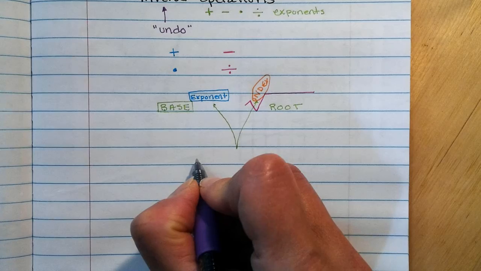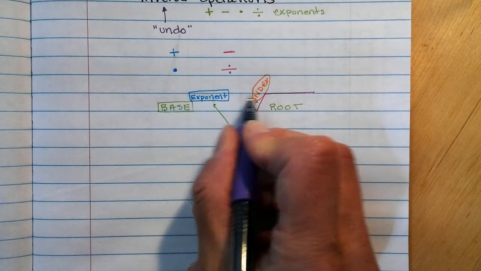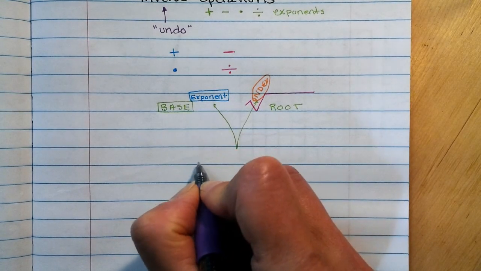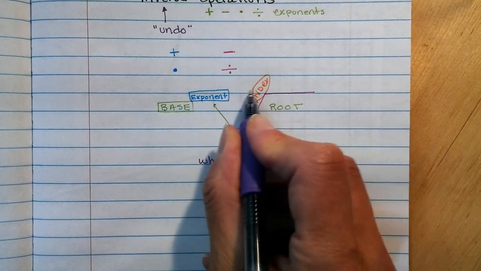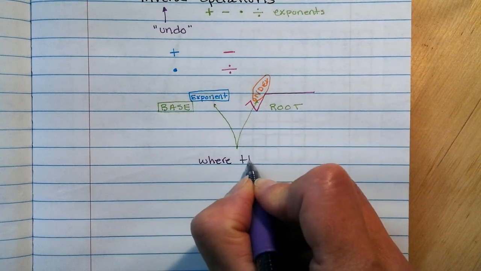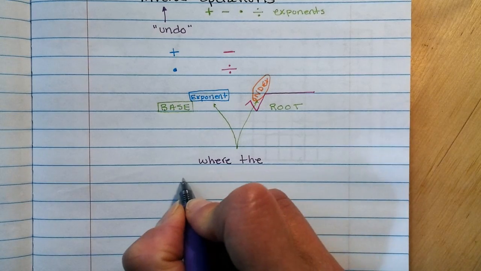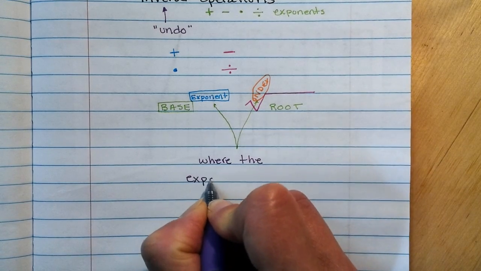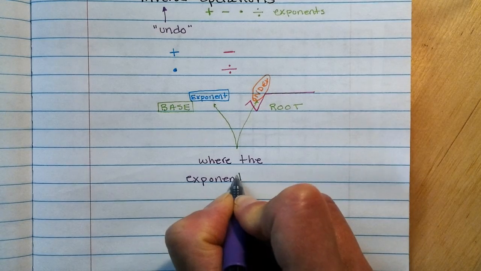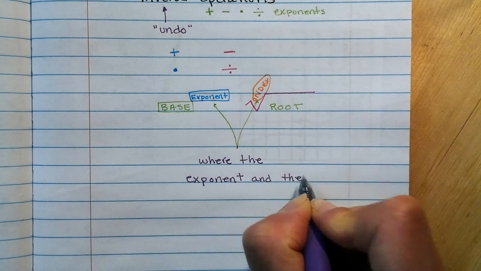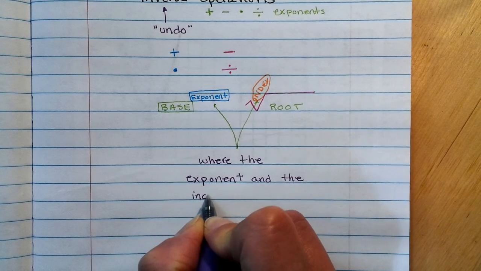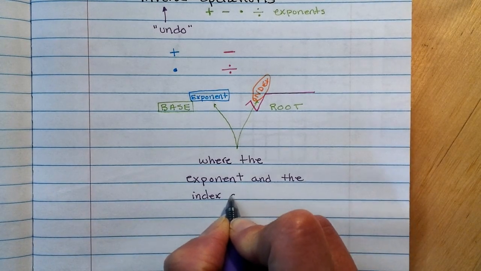These are undoing each other only when these are the same. So it's where the exponent and the index are the same number.